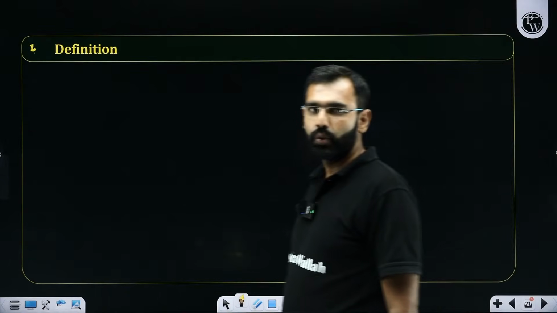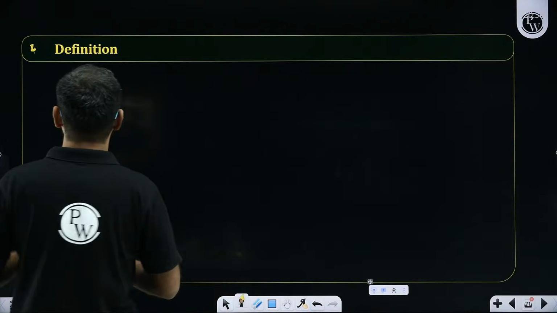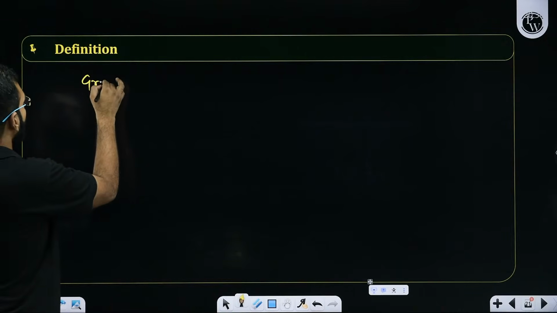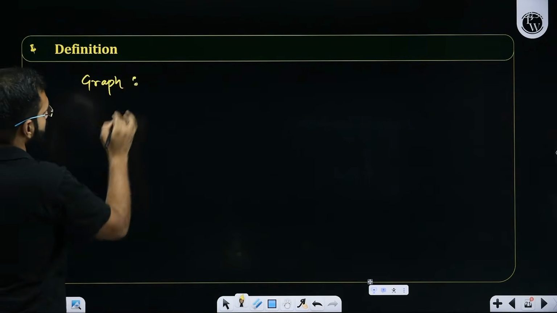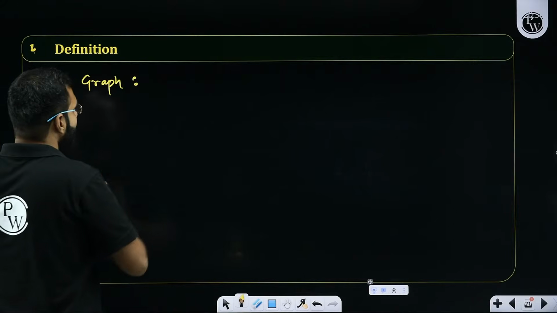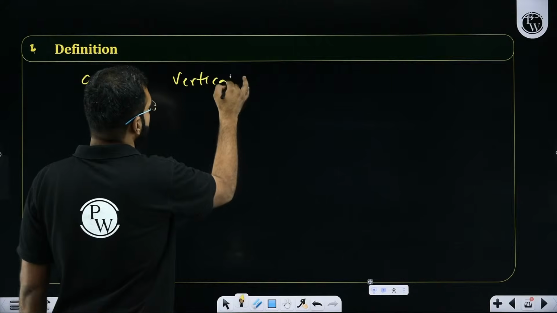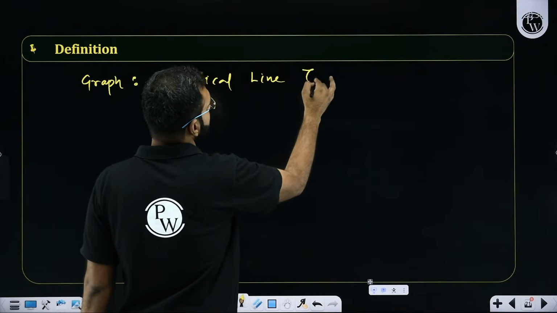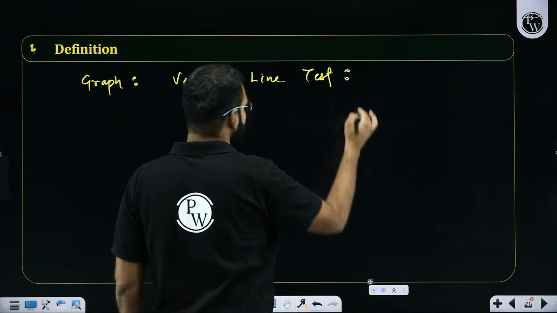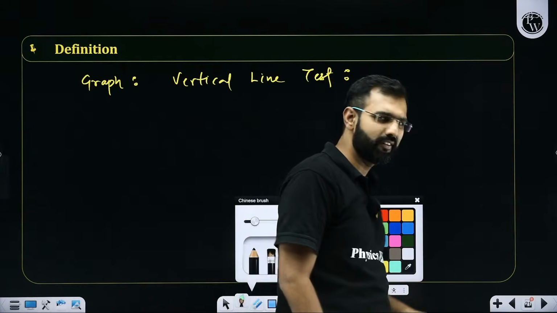Now, there we do a test by which you can check whether a given graph is a function or not. To check whether a given graph is a function or not, it is called the vertical line test. It is a short trick which we usually tell students in JEE, although it is not even asked in JEE these days.